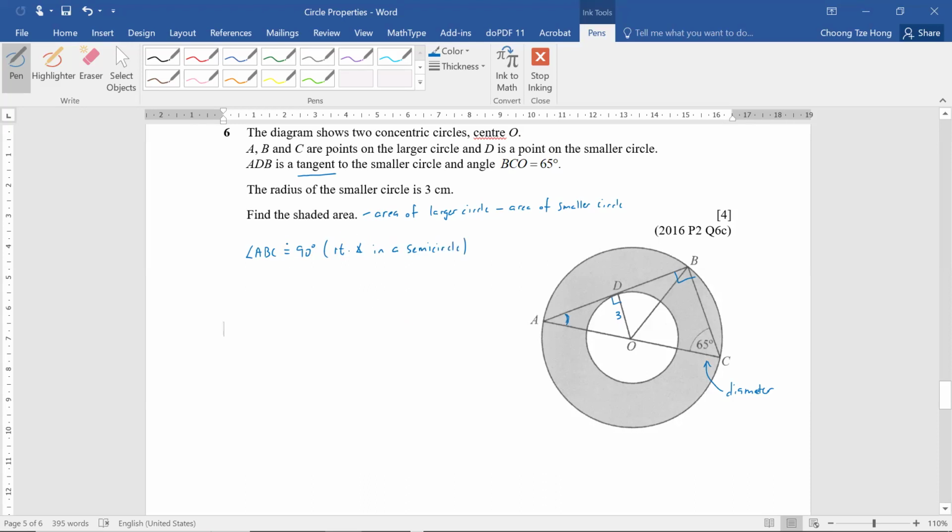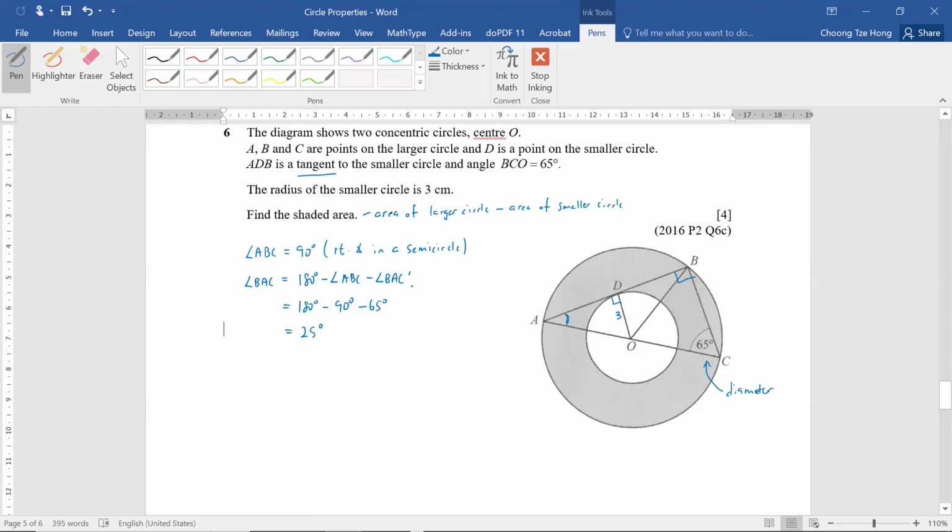Then angle BAC, we need to find out. Angle BAC will be 180 minus angle ABC minus angle BCA, so 180 minus 90 minus 65, and you'll get 25.